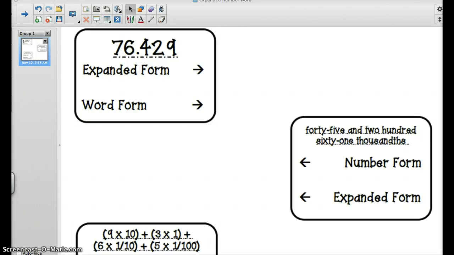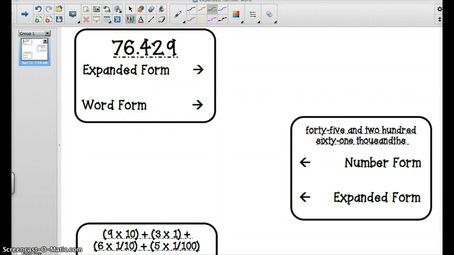Alright, so let's review how to go over this. Can somebody read us this first number? Jaden. 76 and 429. 429 what? Thousandths. So when we're writing that in word form, does everybody see how it says word form?